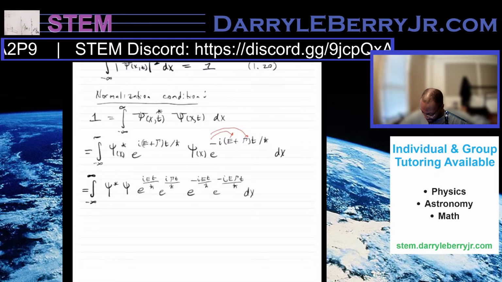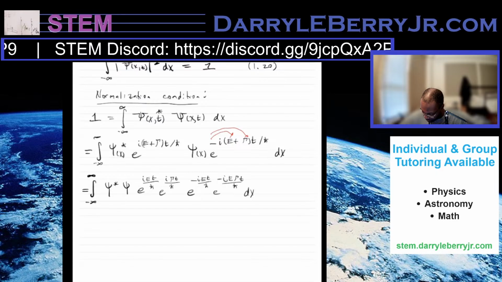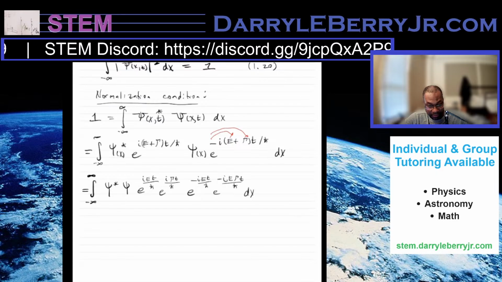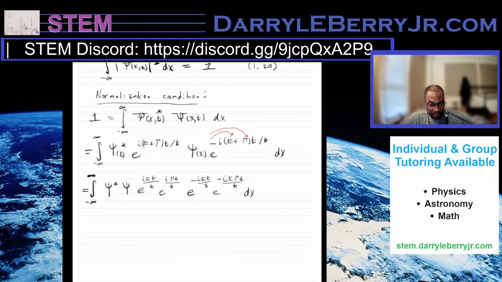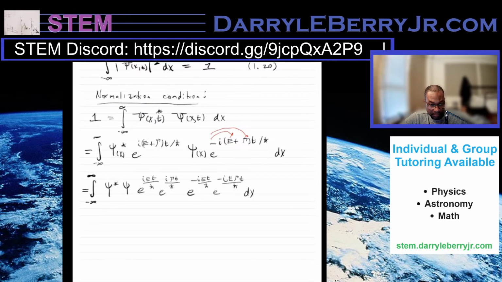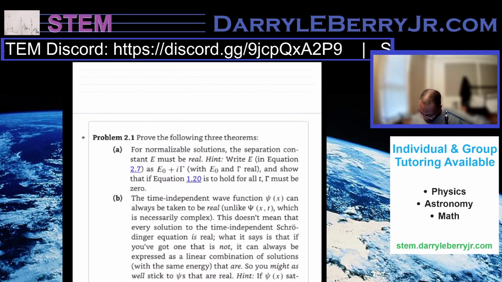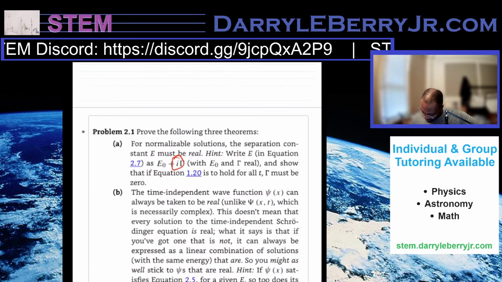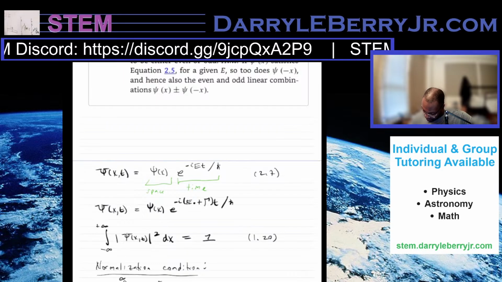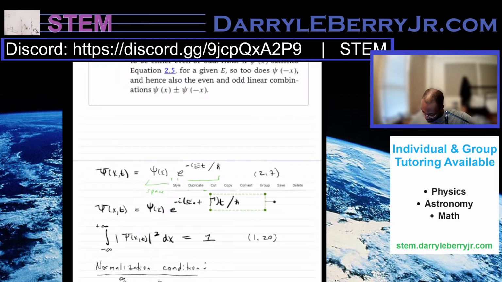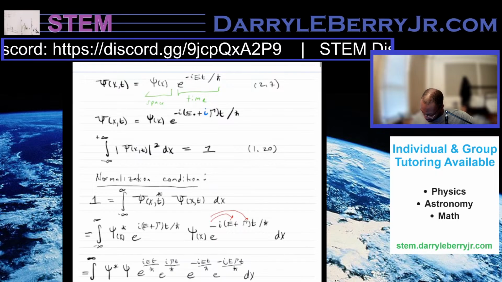Oh, I see. It's because of the i. Yeah, I think I'm missing an i. So this should be i lambda. It makes a big difference.